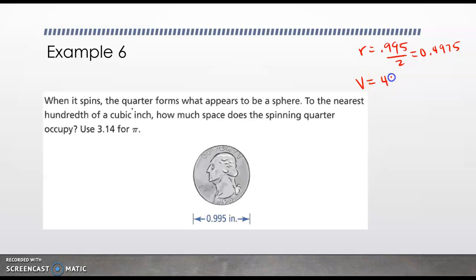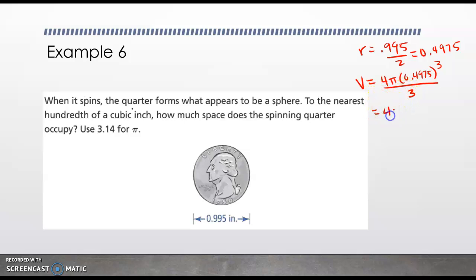So we're going to do 4 times pi times that radius, 0.4975 cubed. Almost wrote squared because I was so used to it. Cubed divided by 3. So I'm going to cube.